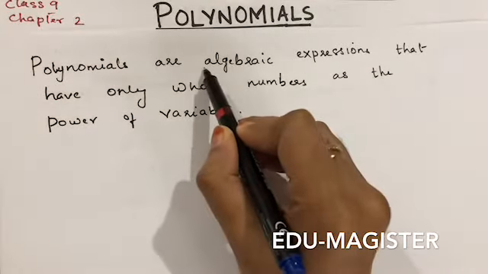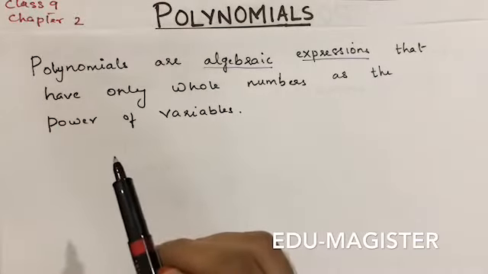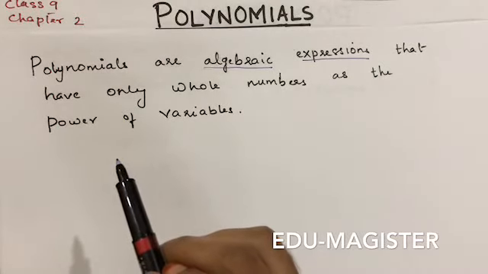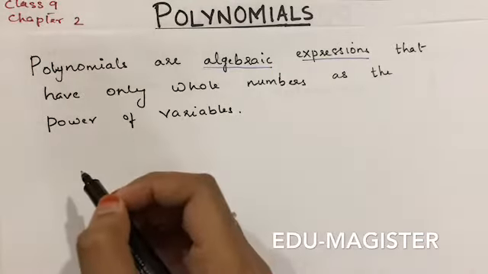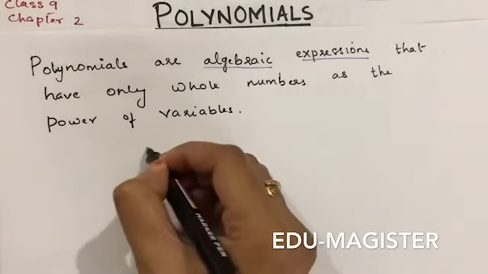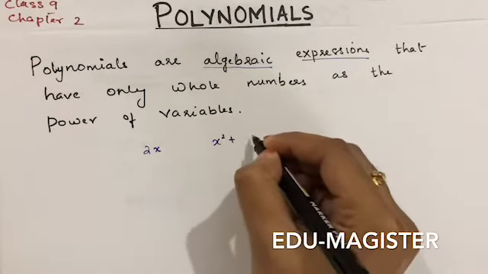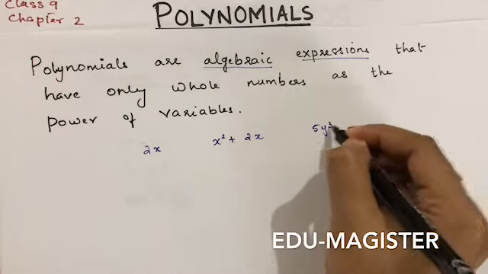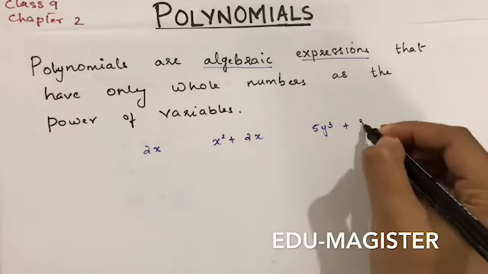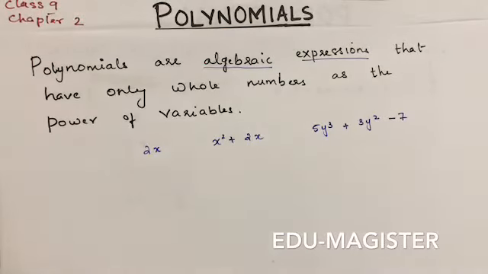So now we know that polynomials are algebraic expressions. Before we move on to polynomials, we need to make sure that we all know what is meant by algebraic expressions. Let me note down few expressions. 2x, x square plus 2x, 5y cube plus 3y square minus 7.